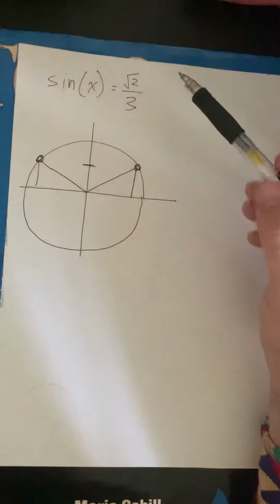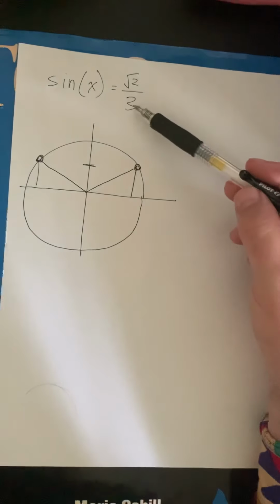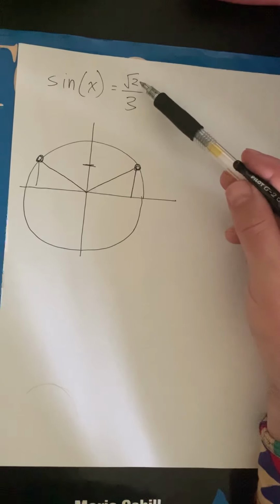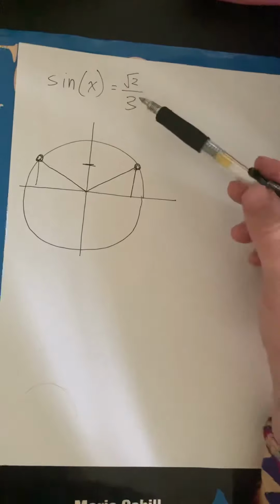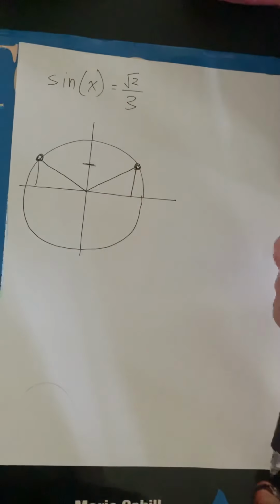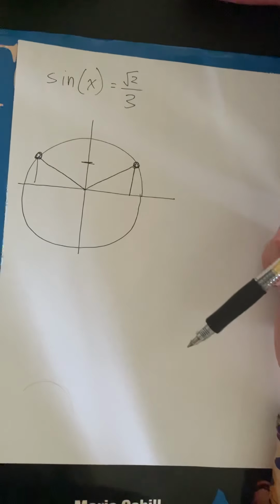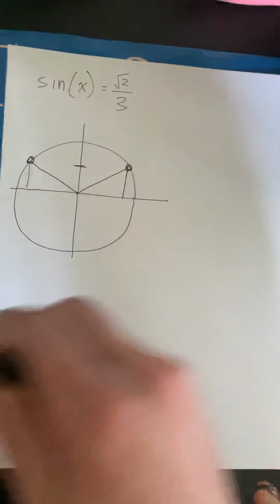But the 30, 60, 90 has the √3. And the 45, 45, 90 has the √2. So we never see one that has both. So guess what? This isn't one of our ratios that we recognize. And when you see a ratio that you don't really recognize, what does it mean? It means you got a calculator problem. You got yourself a calculator problem.